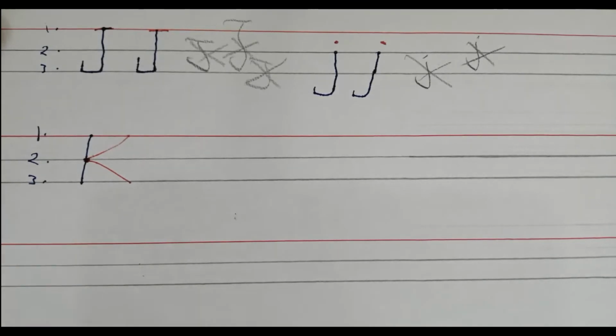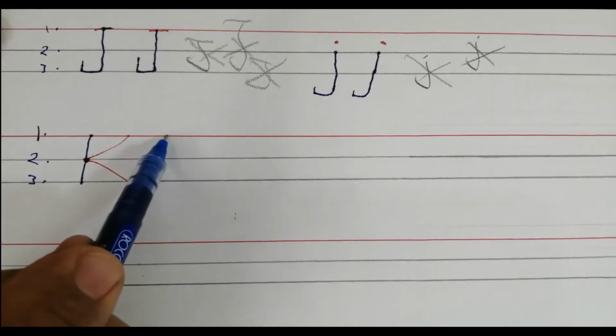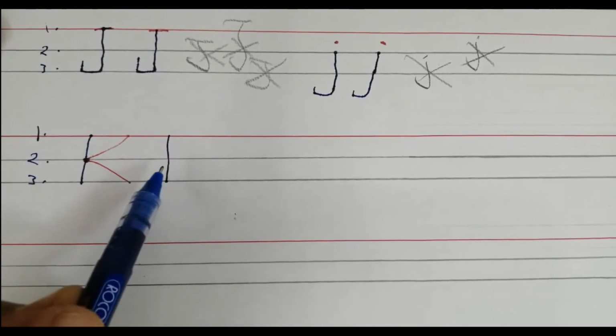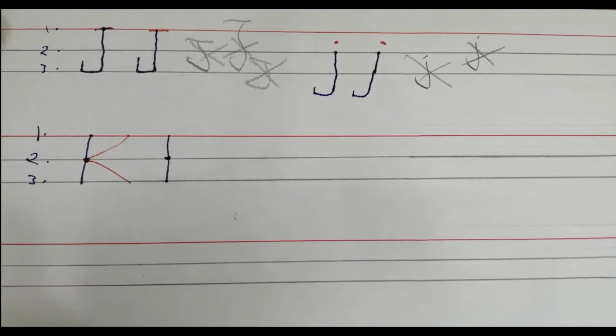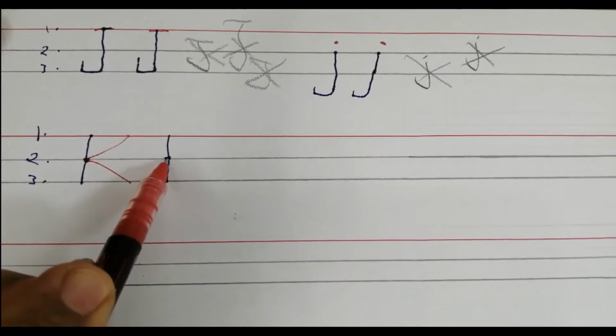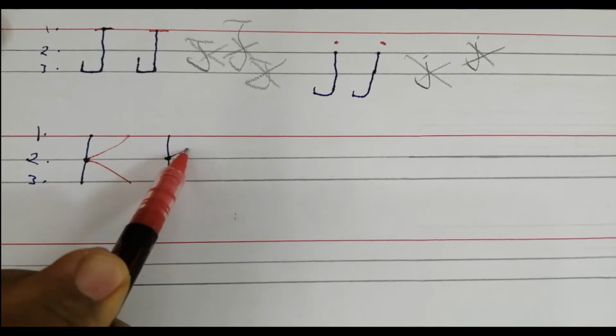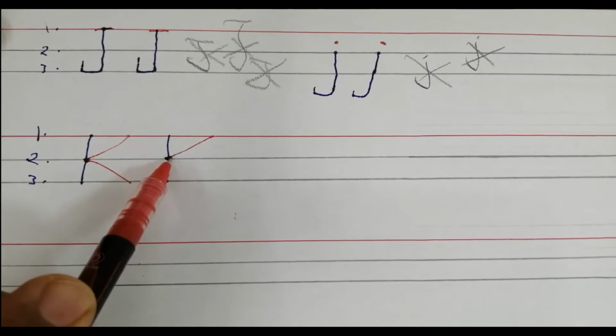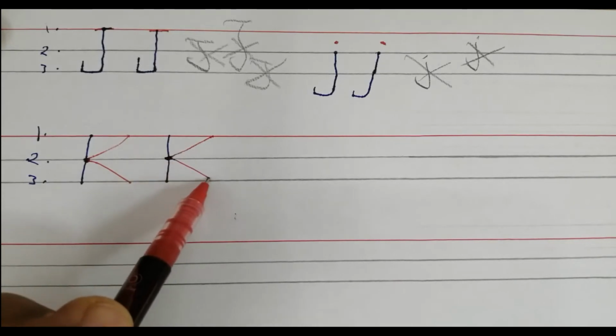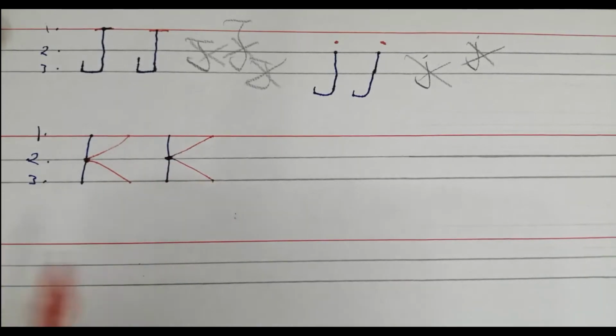Okay, again, falling line from line number 1 to line number 3, and a dot on line number 2, and a line from line number 2 to go to line number 1, and a line from line number 2 to go to line number 3.